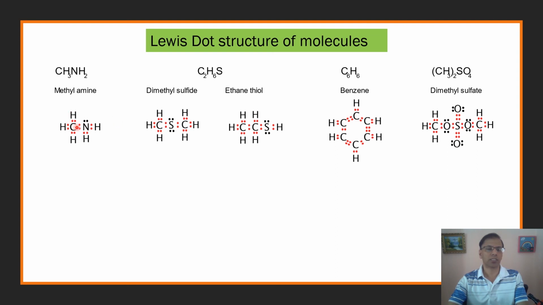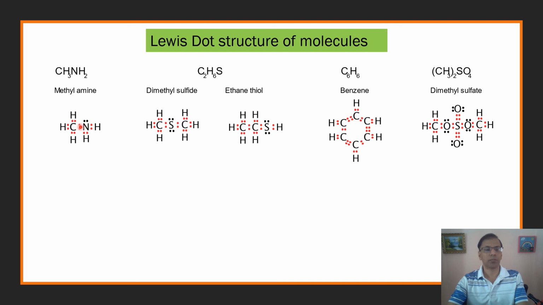This hydrogen is next to carbon, this hydrogen is next to carbon, this hydrogen is next to carbon, and this hydrogen is next to a nitrogen, and so is this hydrogen. And carbon and nitrogen are next to each other. Carbon is next to 4 atoms, 1, 2, 3, 4, because it can form 4 bonds. Nitrogen is next to 3 atoms, 1, 2, and 3.